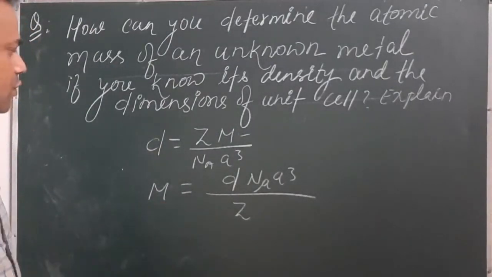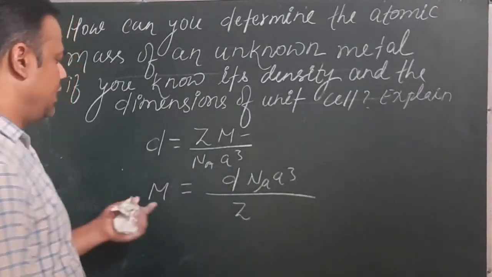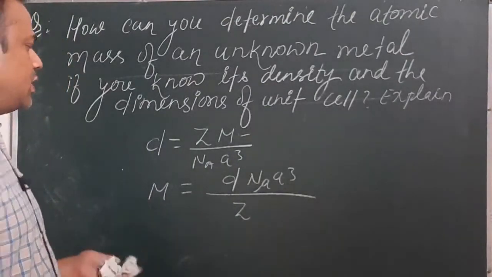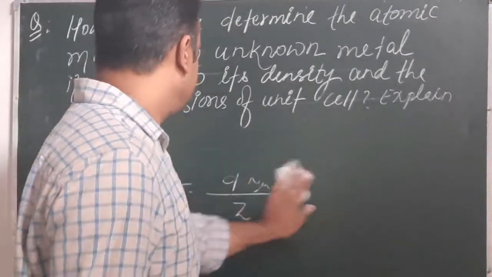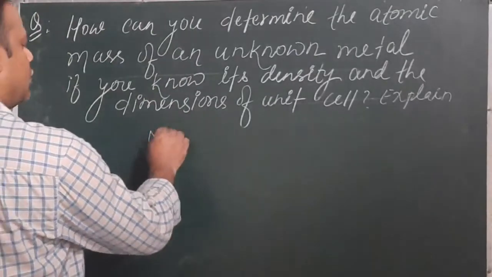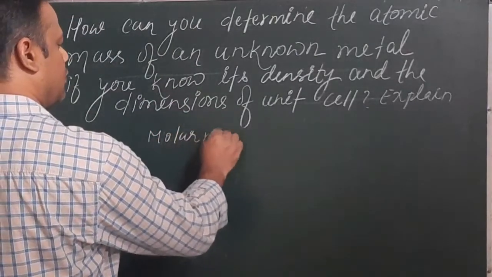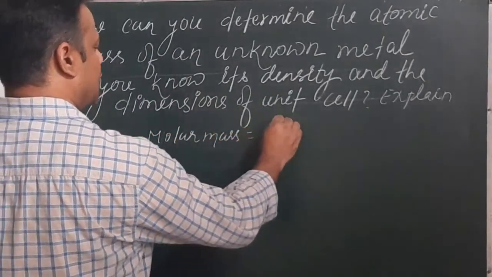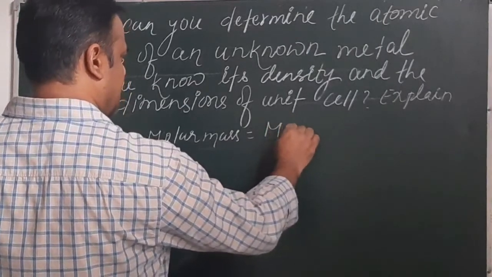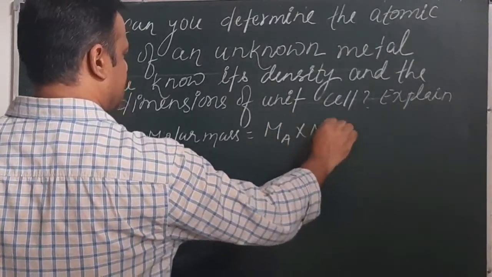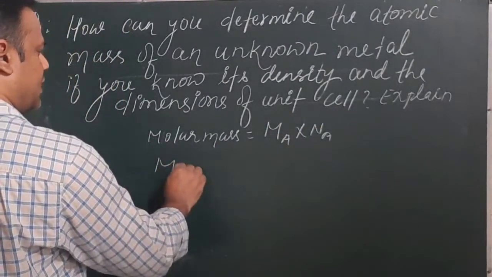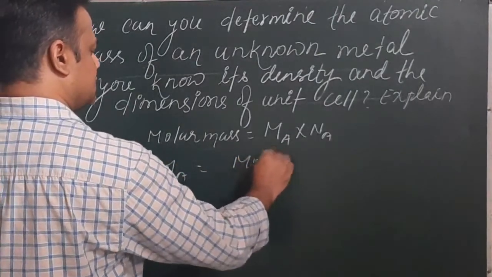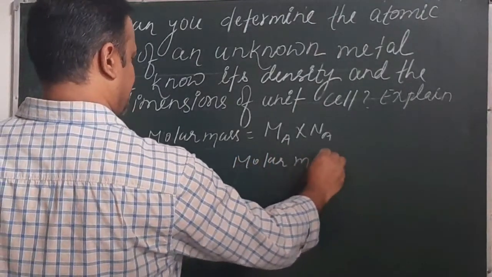Once we determine the molar mass, then we can write molar mass is equal to atomic mass multiplied by Avogadro number, and so the atomic mass will be molar mass divided by Na.